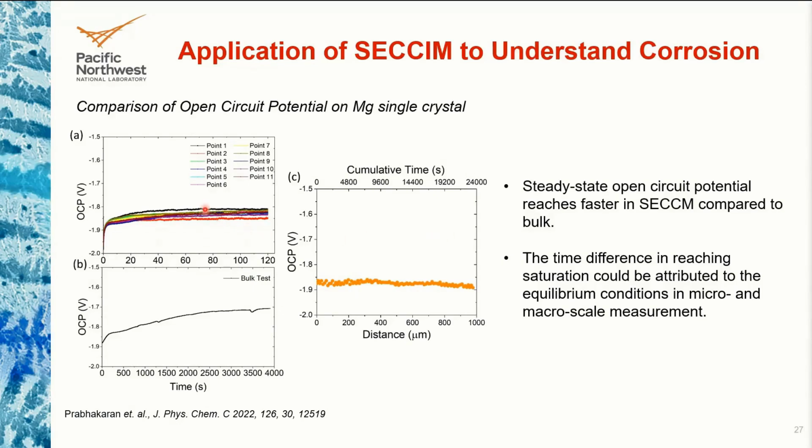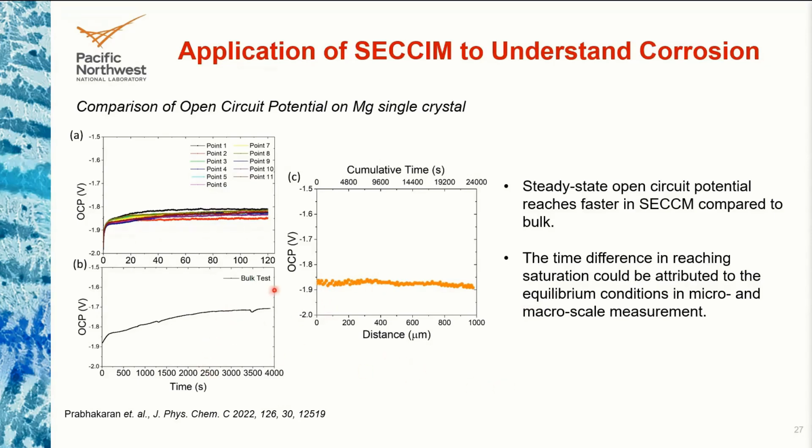So here is an open circuit potential. Basically, one thing we notice is that even though the potential ranges are the same, when you do the SCCM measurement of the open circuit potential, it quickly achieves steady state far faster than the bulk experiment. This is probably because it takes much less time to attain an equilibrium condition as soon as the tip lands on the surface compared to a macro-scale environment.